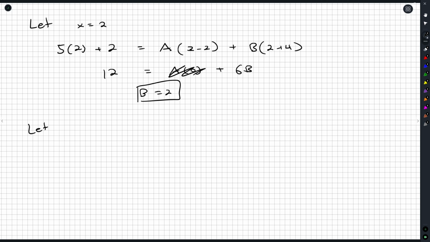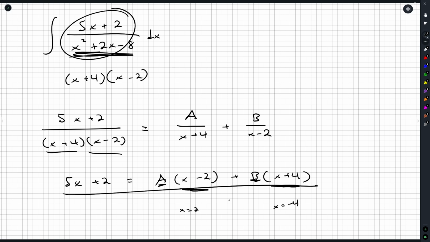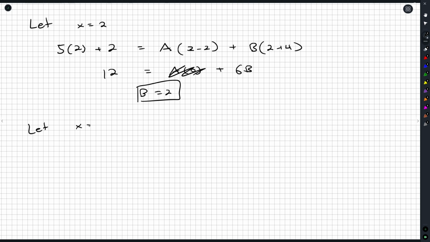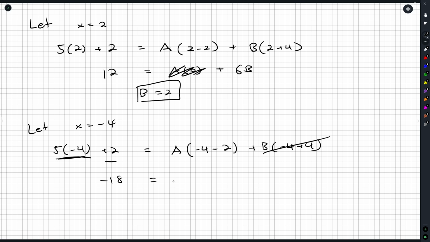If we do the same thing with x being equal to negative 4, we'll get 5 times negative 4 plus 2 is equal to a times (negative 4 minus 2), just plugging x in there, plus b times (negative 4 plus 4). That'll be 0, so we can ignore that. 0 times b is still just 0. Negative 20 plus 2, that's negative 18, is negative 6a. So a is going to be 3.